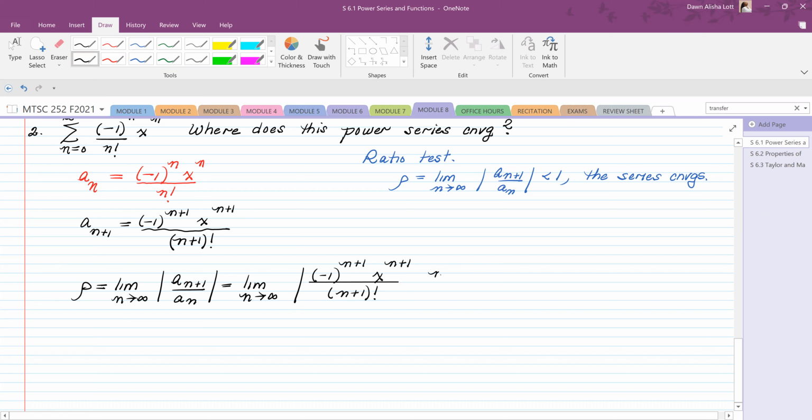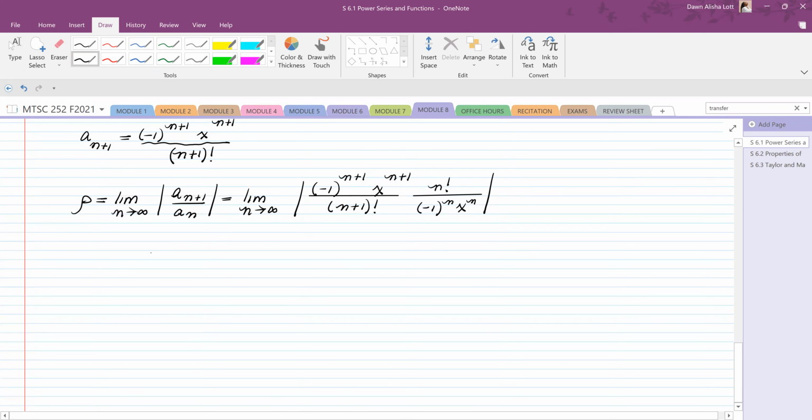So I'm going to get n factorial over minus 1 to the n x to the n. All right, now this is why absolute values are absolutely crucial. This is the limit as n approaches infinity.